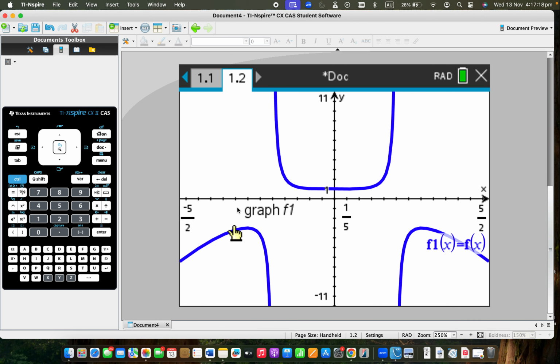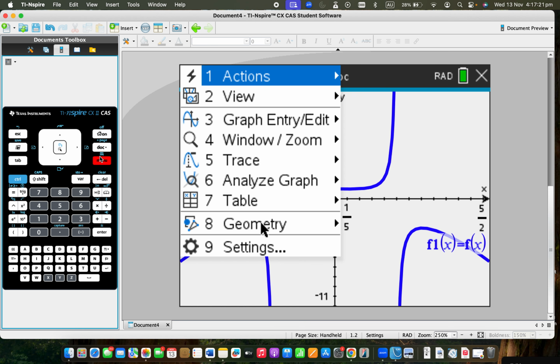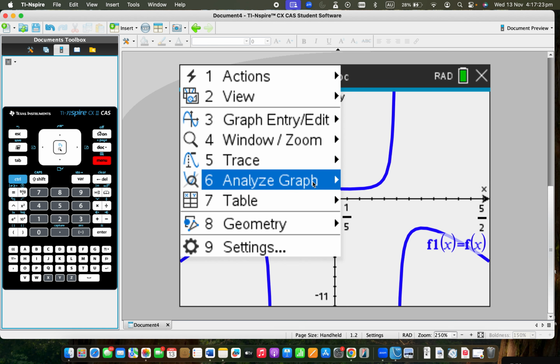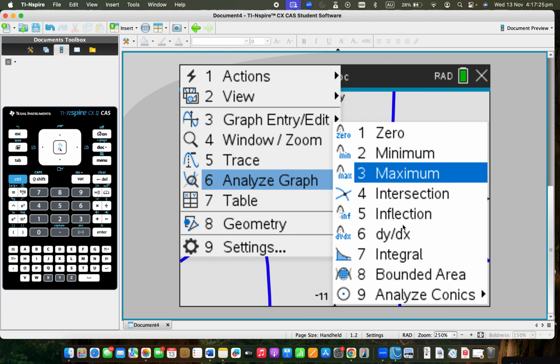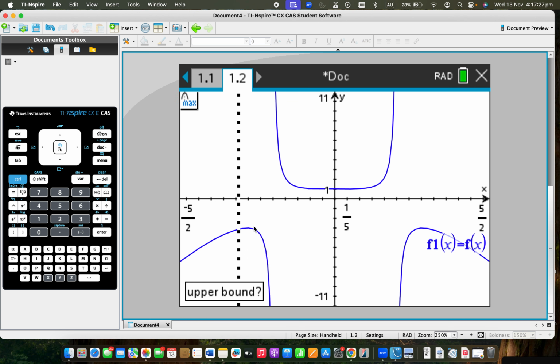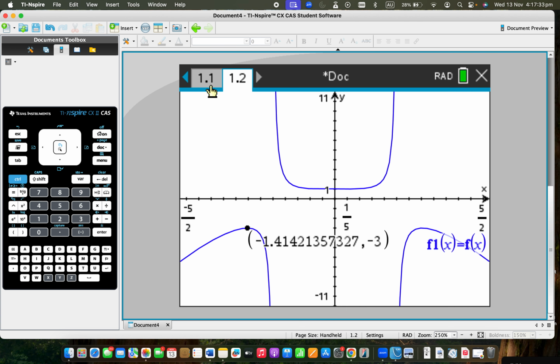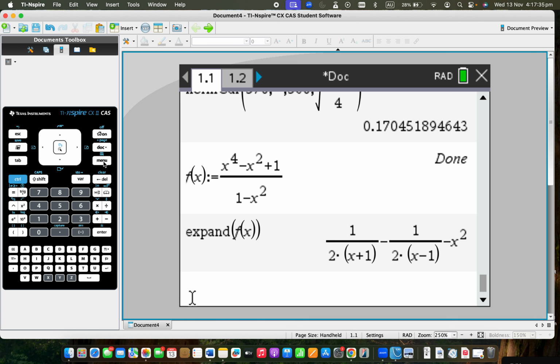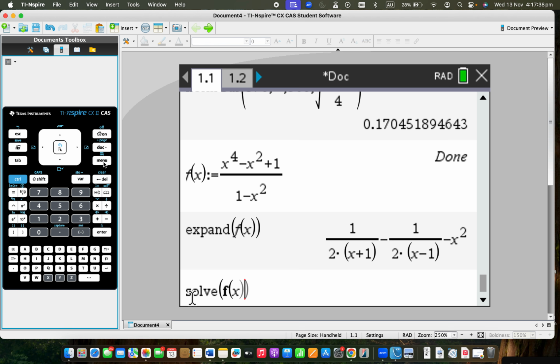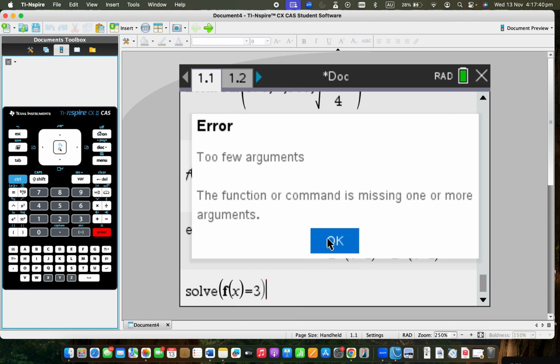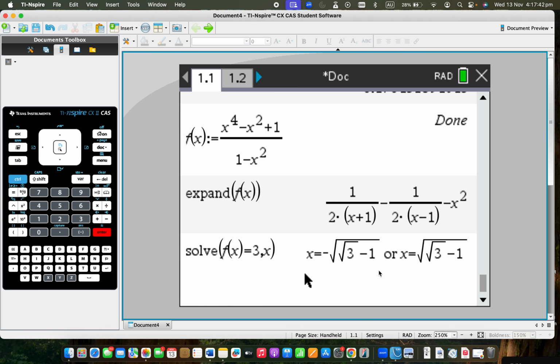Now, I don't think these are stationary points, but I'm just going to label them just in case.